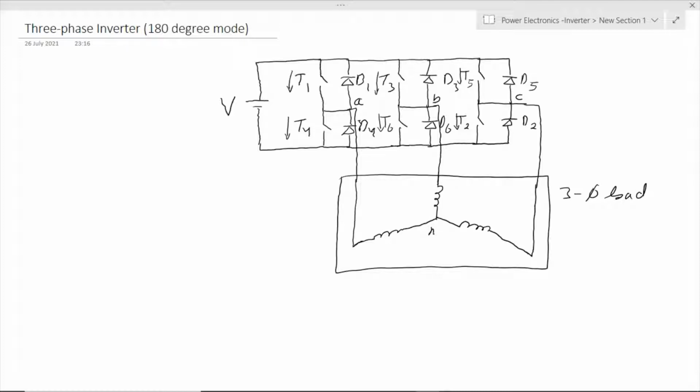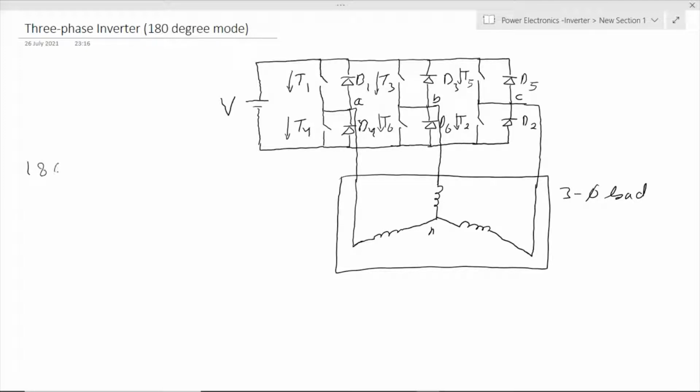Now let us see the working of this circuit. How this circuit can convert a DC source to a three phase AC source. There are two modes to understand here. The circuit works in two modes.